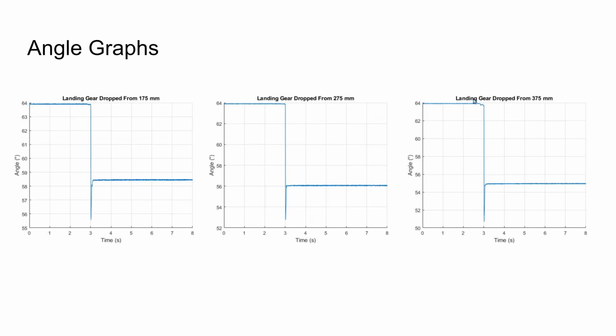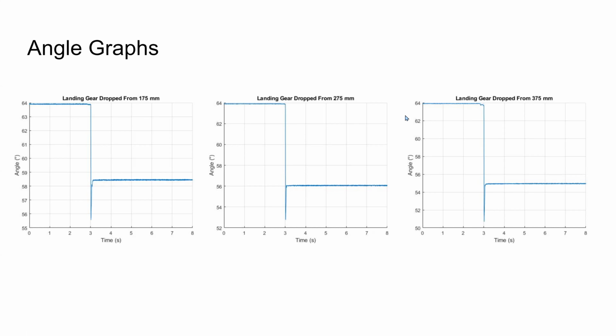Here we have the angle graphs. The initial angle is higher than the final angle, and there is a big drop at 3 seconds, which is the impact. This makes sense because we expect the initial angle to be larger than the final angle, where the final angle is the landing gear sitting on the table, and the initial is the lab experimenter holding it up.